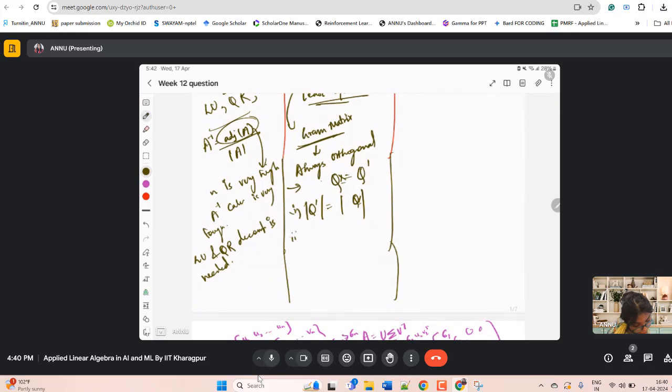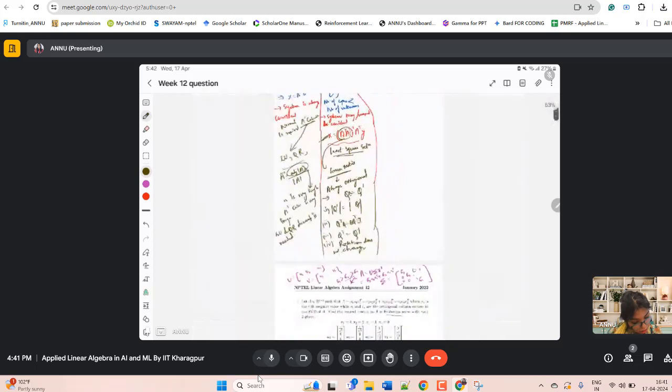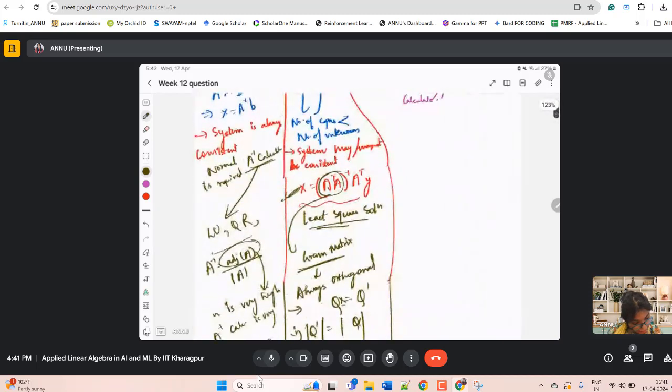Second property is Q transpose Q equals Q Q transpose equals I. Third property is Q transpose equals Q inverse. Also, rotation doesn't change the norm. So this was the second part.